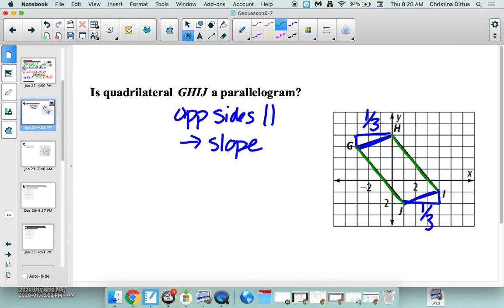So I go up 1, 2, 3, 4, 5 and over 1, 2, 3, 4, so negative 5/4. And that one's also negative 5/4. So can we say it's a parallelogram? Yes.